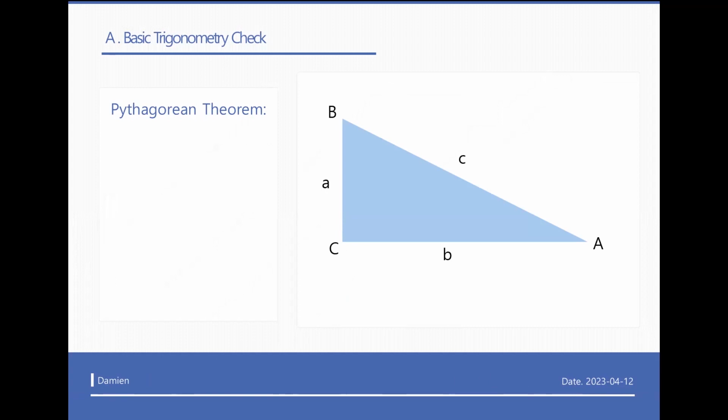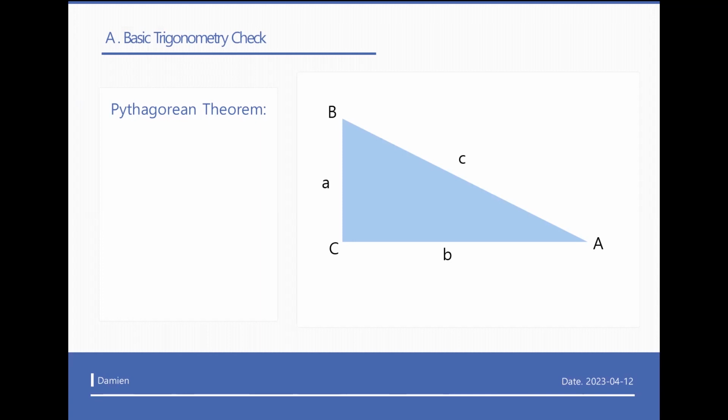You can see that the angles that we're going to be talking about, or vertices that we're going to be talking about, are named on the opposite side of the sides that we're going to be talking about. So A and A, B and B, and C and C are all on the opposite side of each other. That's because the angles that we're going to be considering will be corresponding to the length of the sides that we're going to be considering as well.